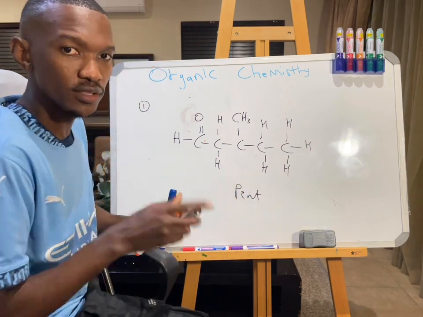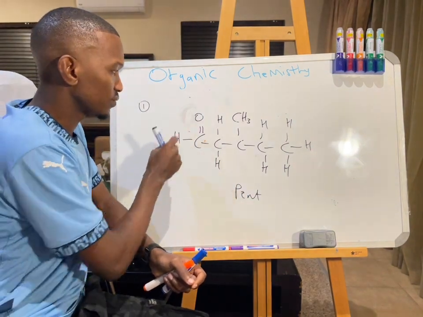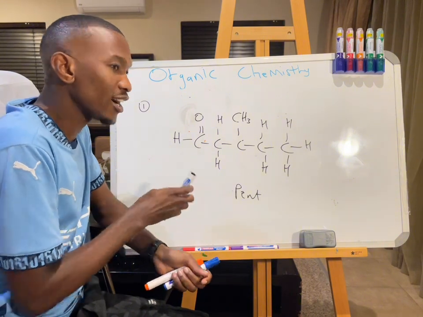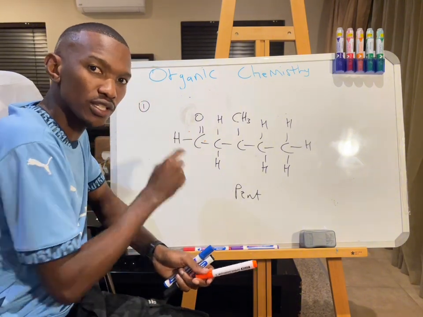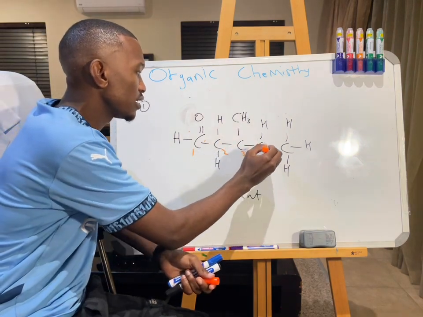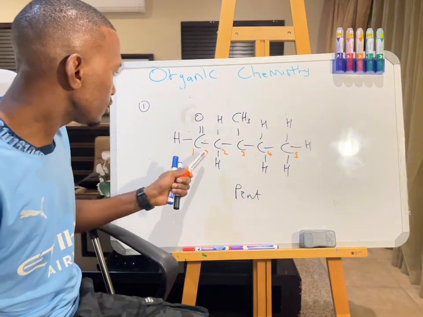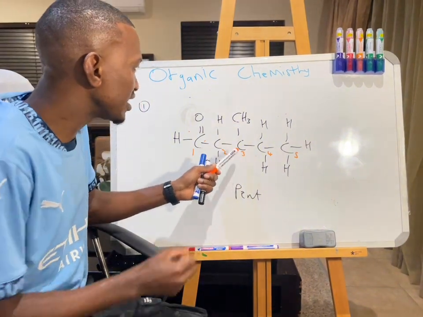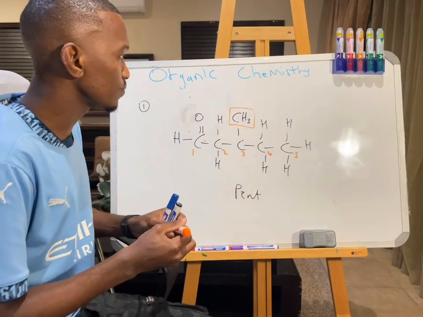Let's look at the functional group. We have the aldehyde here. It's always at the end, right? So when I count and name my carbon atoms, I must start from where? From this carbon that has that functional group. So 1, 2, 3, 4, 5. On carbon 3, there is someone else who is not part of the longest chain.